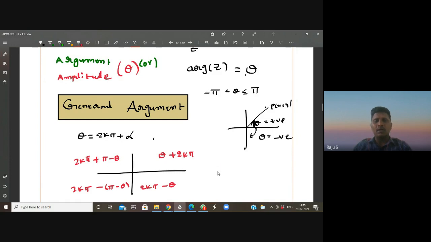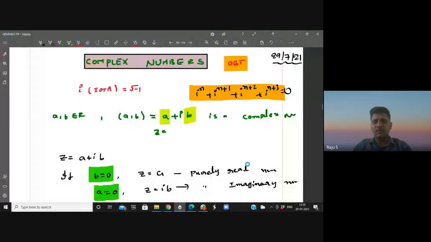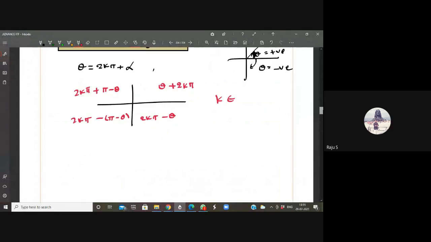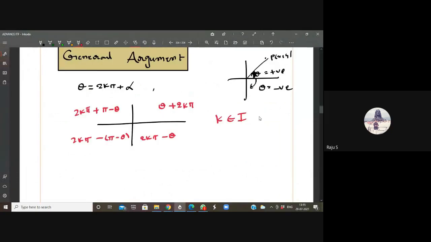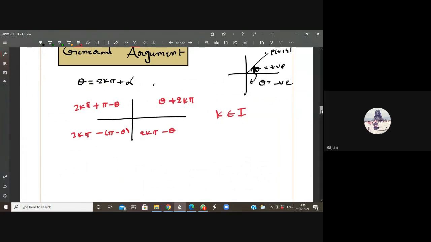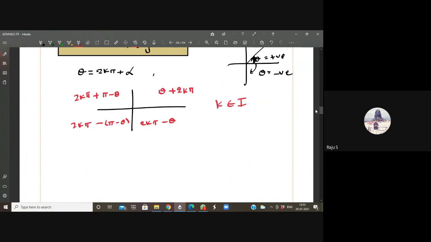Here k belongs to Z, capital Z, or integers. K belongs to capital I or capital Z. Students, adding 2k pi to the principal argument makes it the general argument.